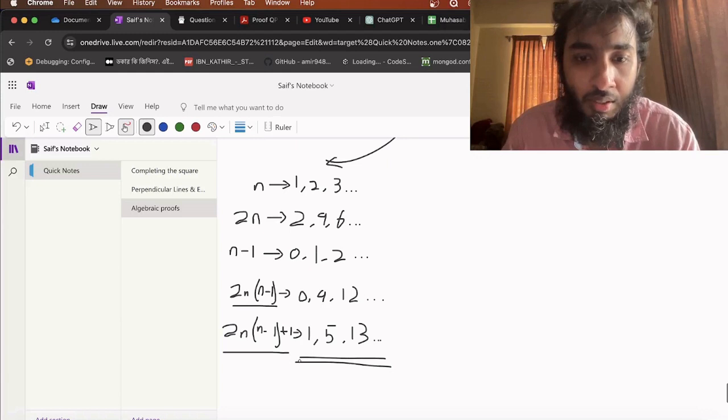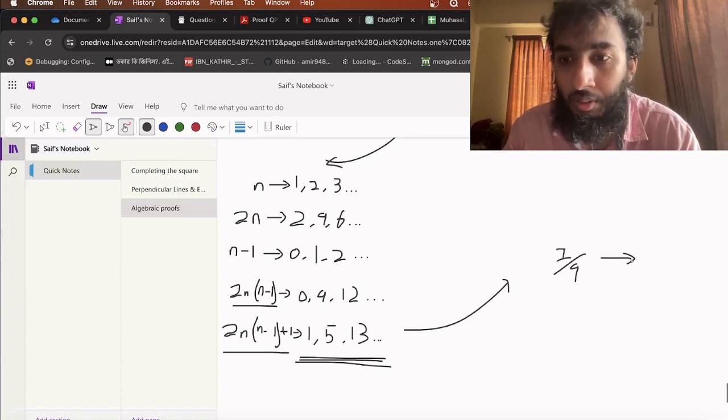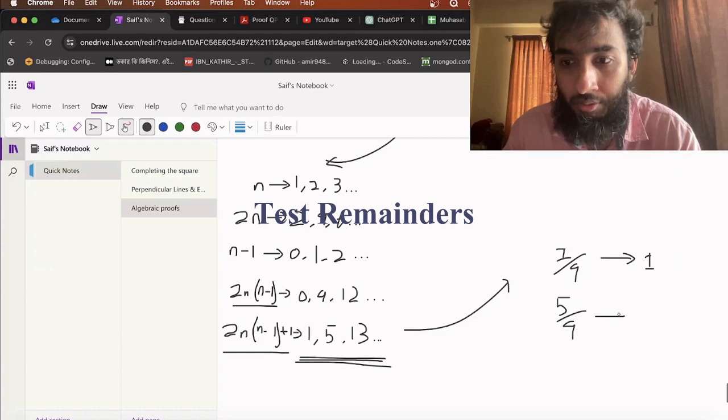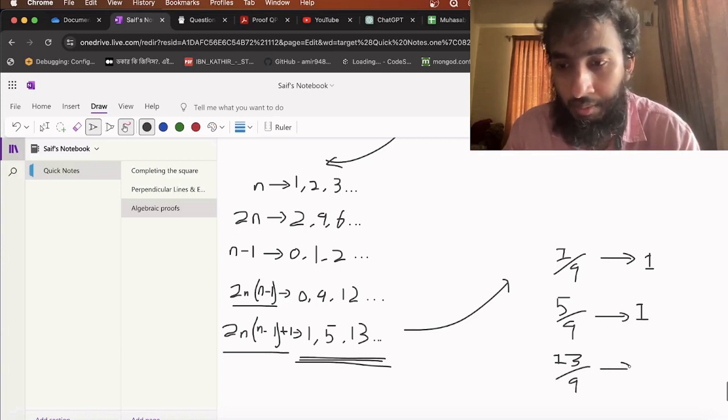So if you look at these terms, first of all, these are odd numbers, and then if I divide the first number by 4, it leaves a remainder of 1. Let's say the second number is 5. When 5 is divided by 4, it leaves a remainder of 1. For 13, the third number, when this is divided by 4, it also leaves a remainder of 1.